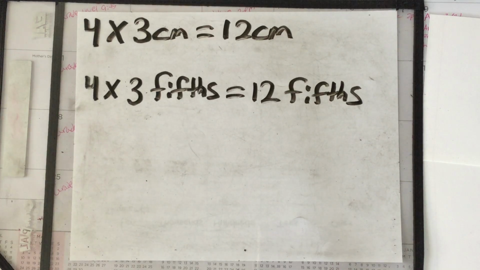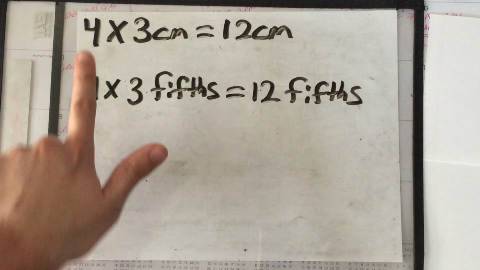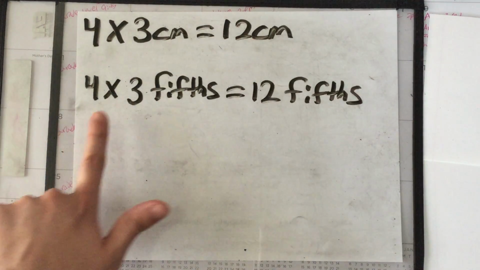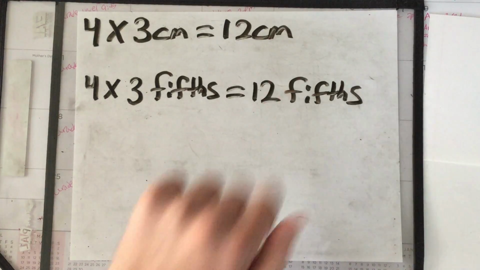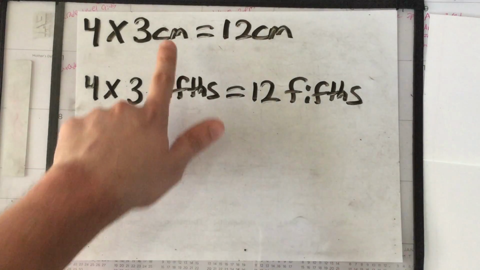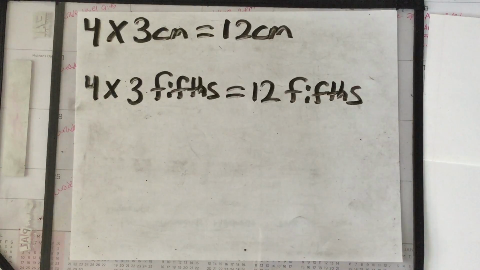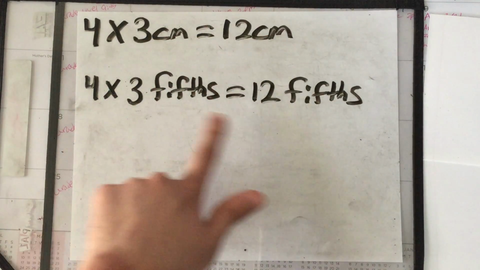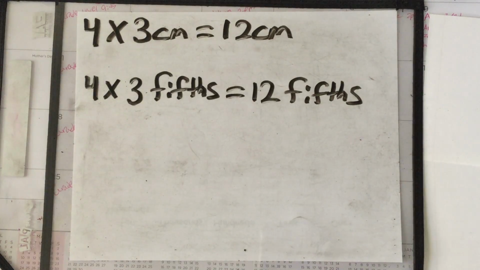Look at this. It's the same exact number sentence. 4 times 3 equals 12. All we did was change our unit. Up here, we were talking about centimeters. Down here, we were talking about fifths. So it's the same process.